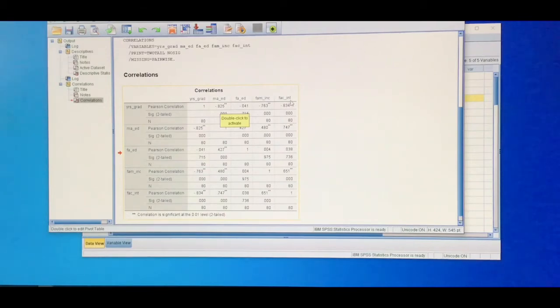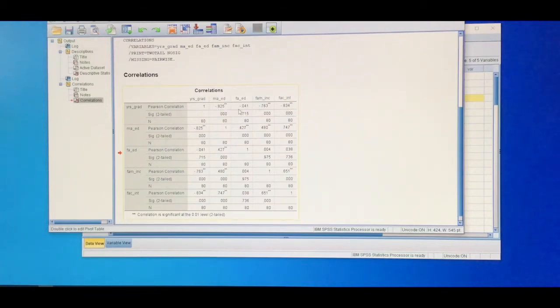We have another one here, faculty interaction with negative 0.834. Family income is negative 0.763. Father's education is not well correlated with the years to graduate. But if I look through in this row, it looks like the faculty interaction is having the highest correlation.